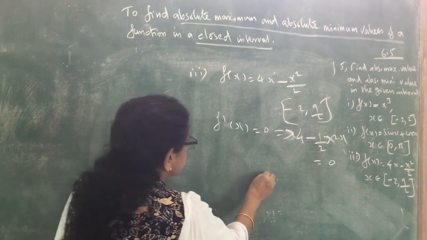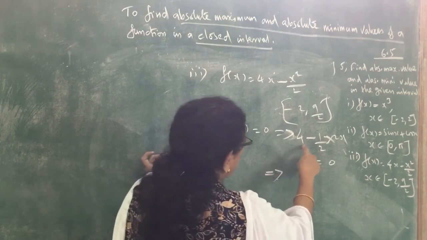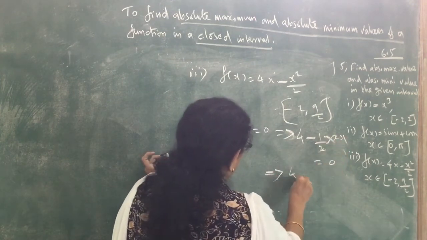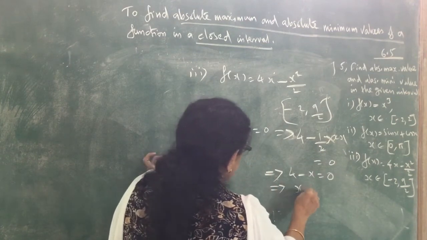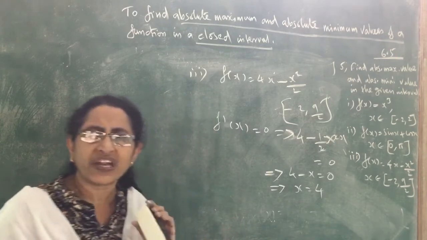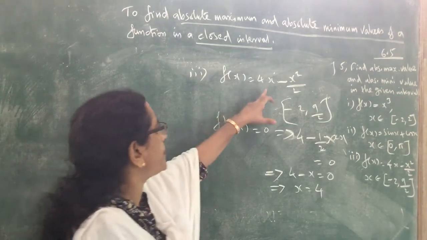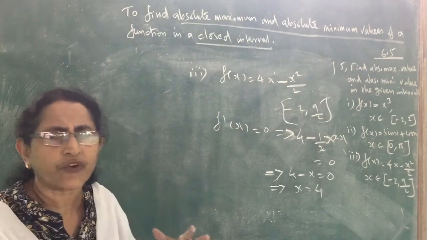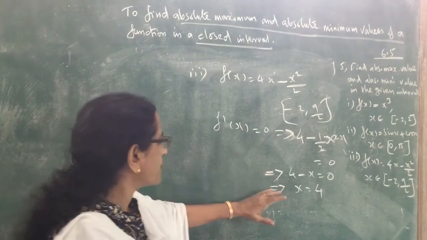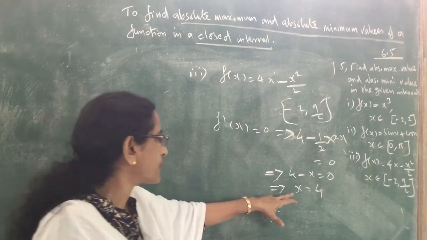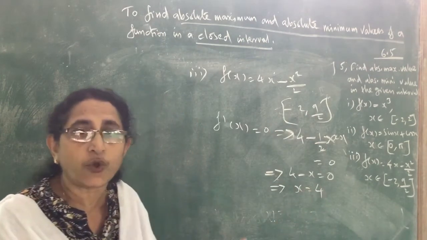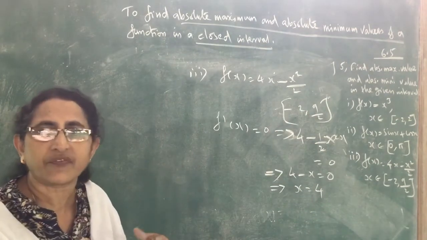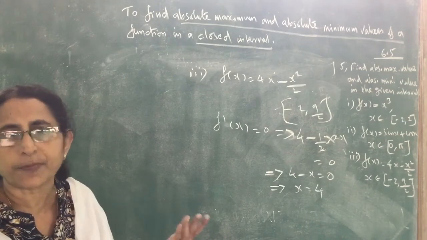That implies 4 - x = 0, so x = 4. So we got only one critical point, and since it is a polynomial, it is differentiable for all values of x. Therefore, there is only one critical point, 4, and at the endpoints and the critical point we have to find the value of f(x). Then we can decide which is the absolute maximum value and which is the absolute minimum value.